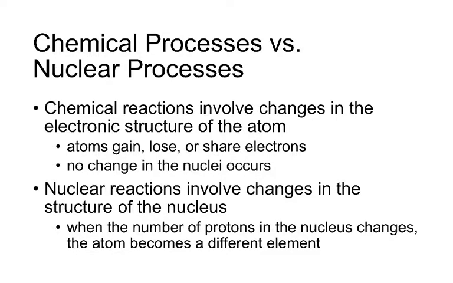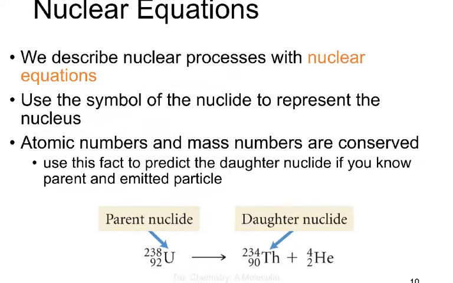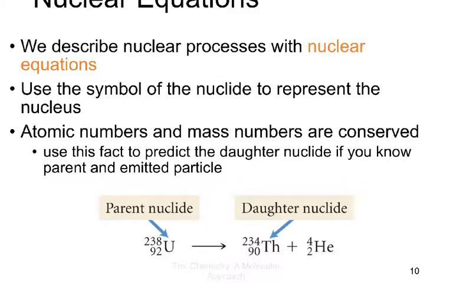I had briefly talked about this already. Chemical reactions, which is what we've studied so far, involve changes in the electronic structure of the atom, so we're shifting electrons around. Nuclear reactions, on the other hand, are going to involve changes in the structure of the nucleus. We can describe nuclear processes with nuclear equations. We're going to use the symbol of the nuclide to represent the nucleus, and then we'll want to conserve atomic numbers.